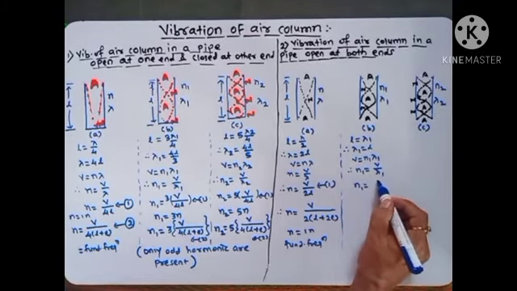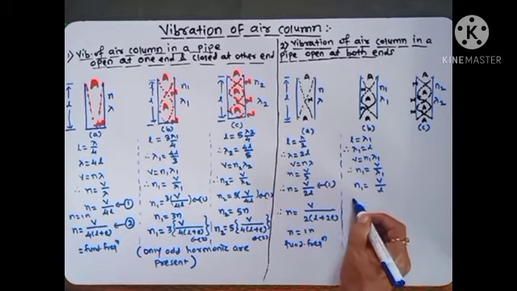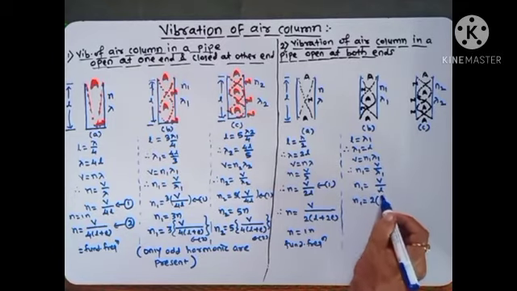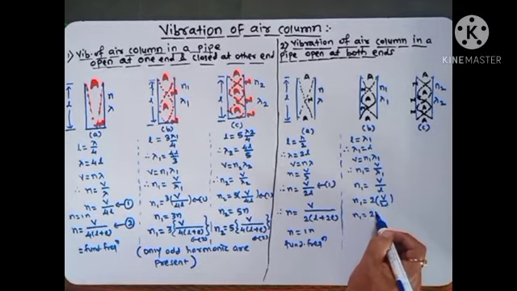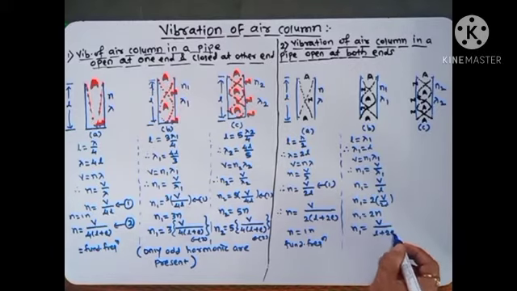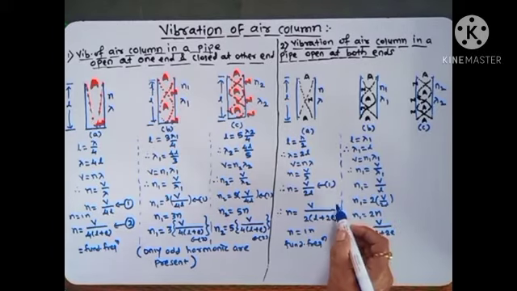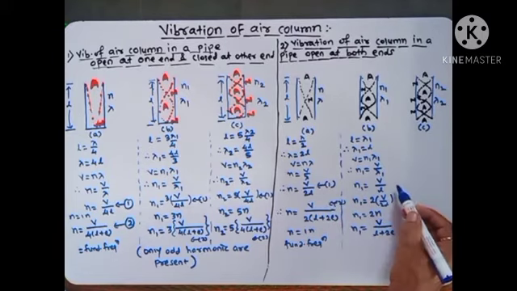N1 is equal to V upon L, or N1 is equal to 2 into V upon 2L, or N1 is equal to twice N, or N1 is equal to V upon L plus 2E. Suppose this is equation 2.